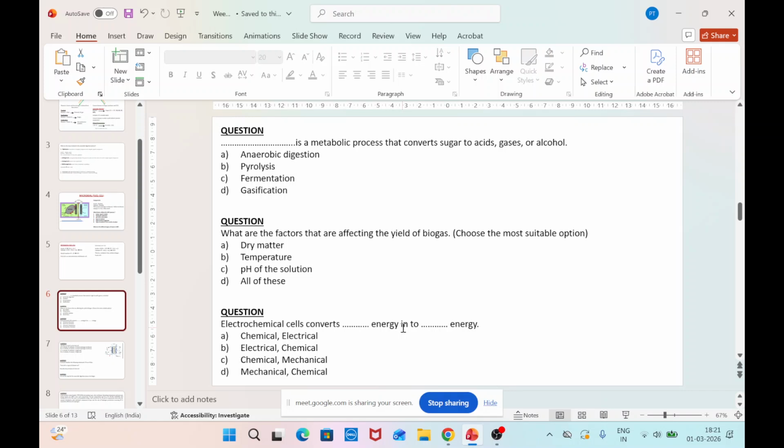Which of the following metabolic processes converts sugar to acids, gases, or alcohols? Is it anaerobic digestion, pyrolysis, gasification, or fermentation?